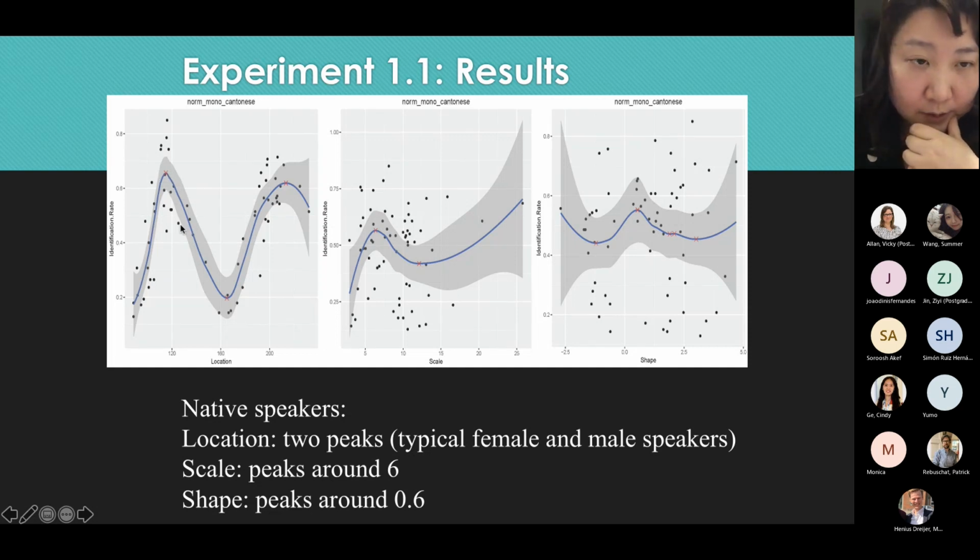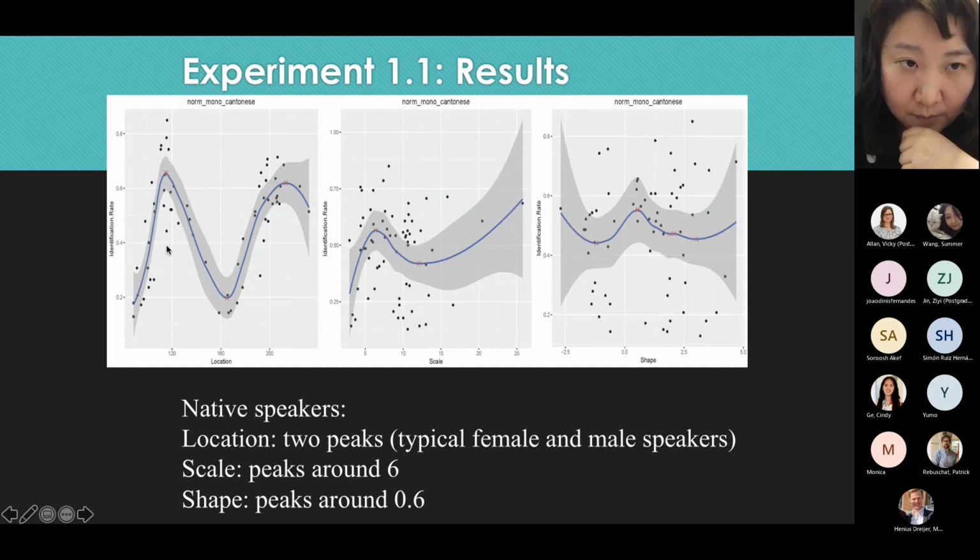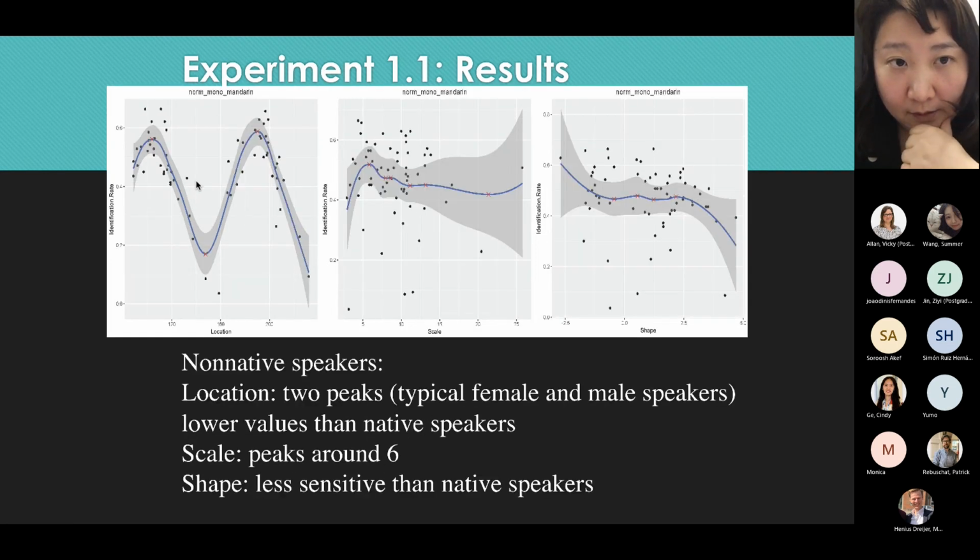So among all of the speakers that we presented to them, say among the 34 speakers, we extracted all the location parameters, the scale and shape parameters, and we tried to plot this identification curve. And it's not a flat line. So that means they do have knowledge about how likely the parameter would be among the speakers in one speech community. So that's what we found. We also have some findings about the non-native speakers.